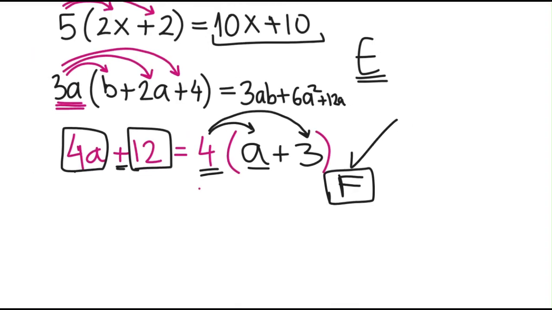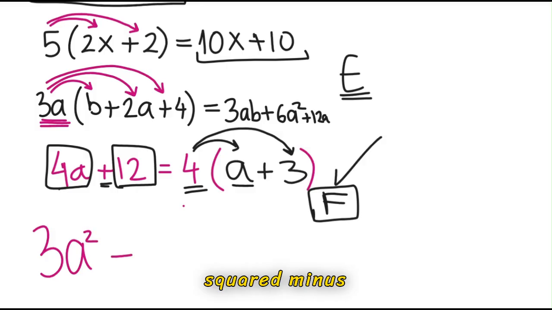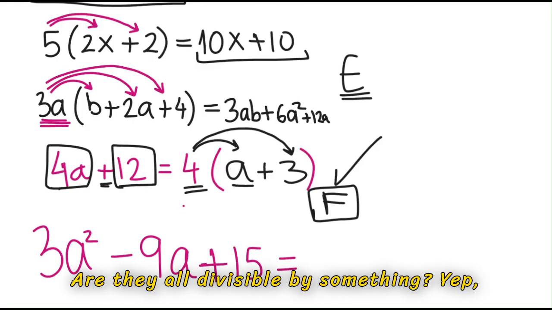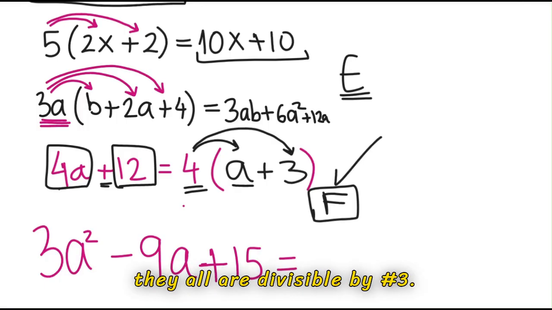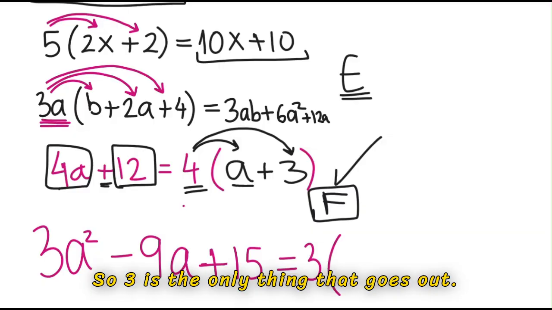Let's have one more factorization and then we move on to the next chapter. Imagine we say 3a squared minus 9a plus 15. Are they all divisible by something? Yep, they all are divisible by number 3. So 3 is the only thing that goes out.